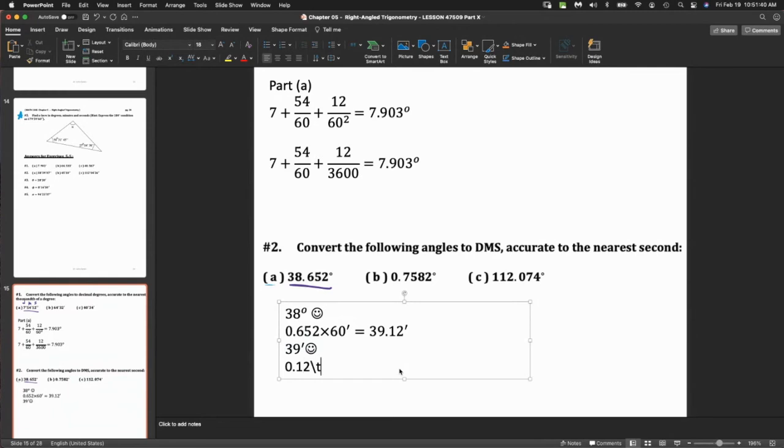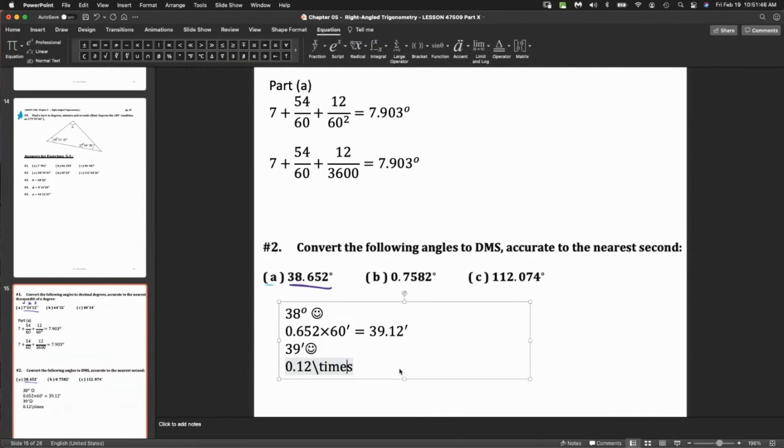And then you take the 0.12 and you multiply by 60 again. And you get 7.2 seconds. And then you can take the 7 and put that in the bank. You're just rounding it here because it says to the nearest second.